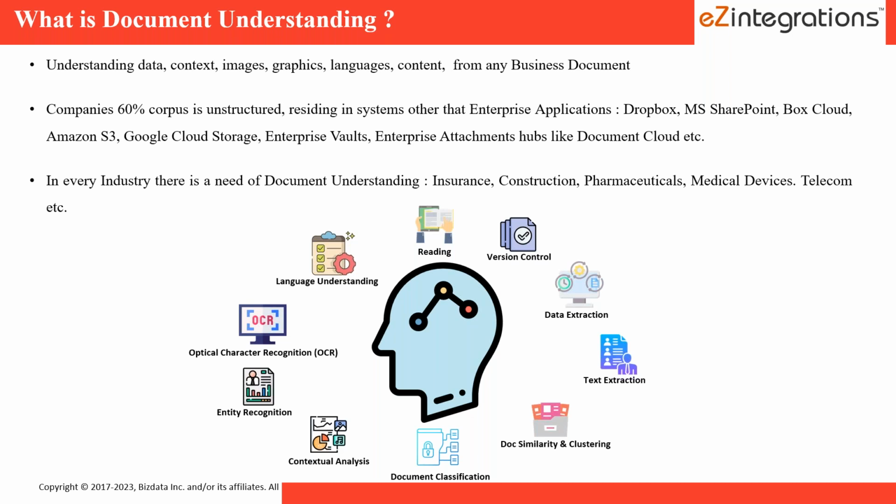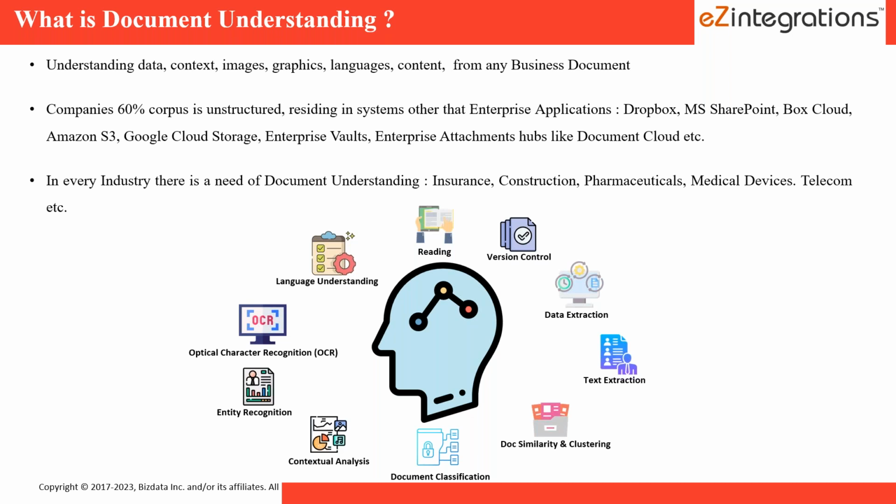Out of every transaction, we are trying to extract a document. Those documents are typically either scanned documents, which we keep in PDF formats, or image-format documents. So every company's real corpus of data lies in documents rather than in your databases or cloud-based applications. The real corporate data is available in the documents.